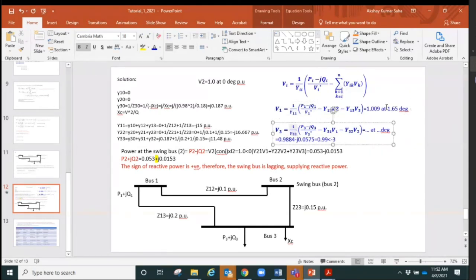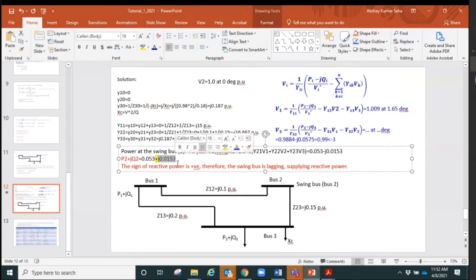If we do the second iteration for V1 and then for V3, we'll have updated values for V1 and V3, and then we'll get P2 and Q2 different from this 0.53 and 0.153, which is the calculated value. But the injected value is coming from the generator itself onto this swing bus. So there will be a mismatch, and each and every iteration will generate a different mismatch. Our aim is to get that value as minimum as possible, possibly zero.